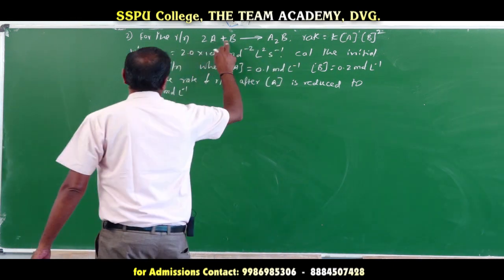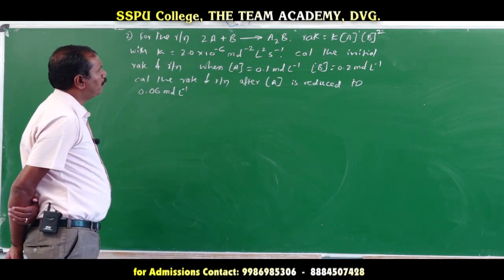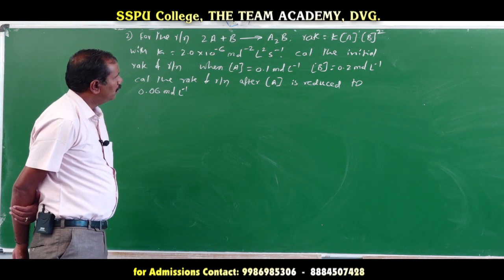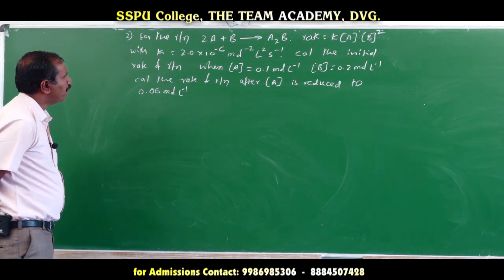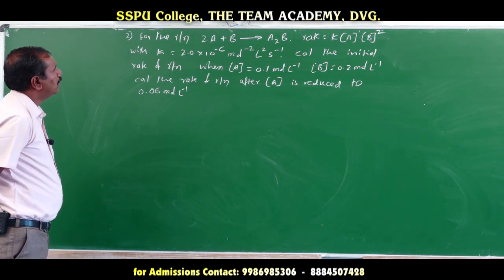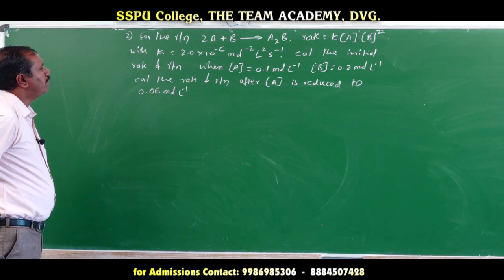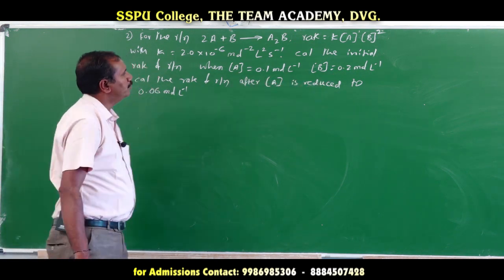For the reaction 2A plus B becomes A2B, where rate equals K into A to the power 1, B to the power of 2, with rate constant K is 2 into 10 to the power of minus 6 mole to the power of minus 2 liter square per second. Calculate the initial rate of reaction when molar concentration of A is 0.1, B is 0.2.